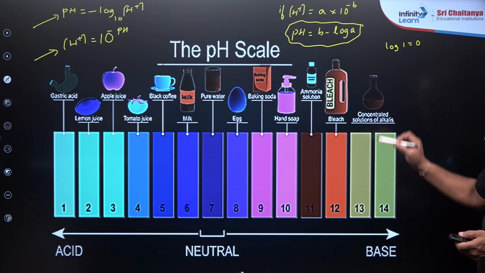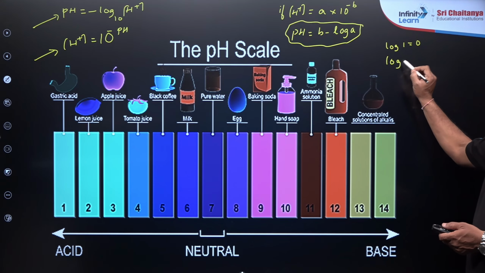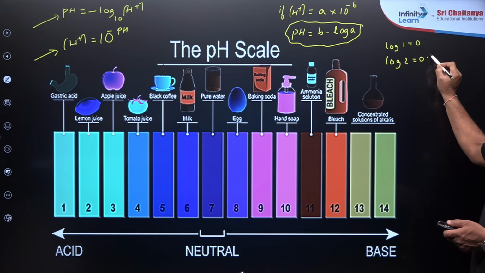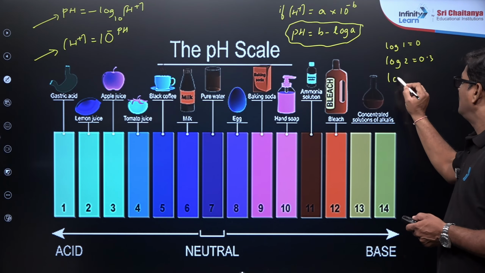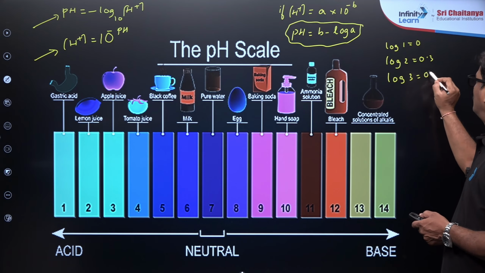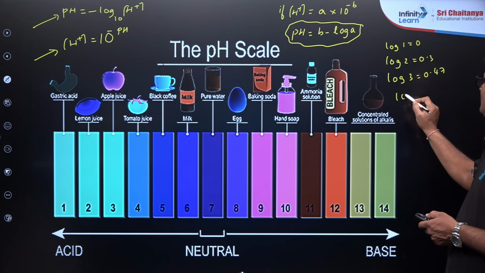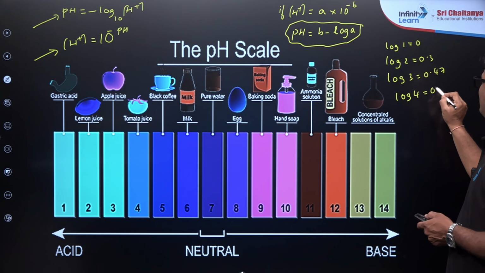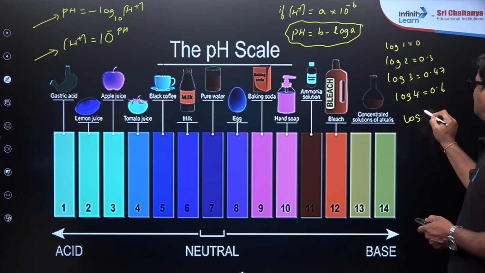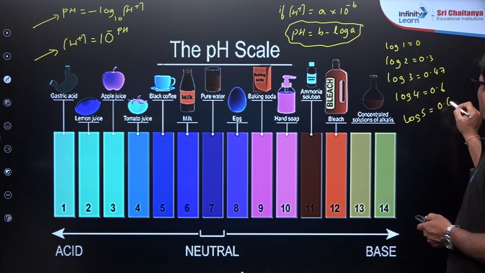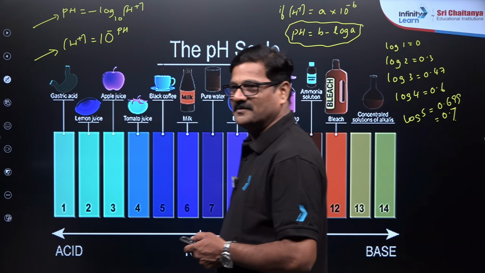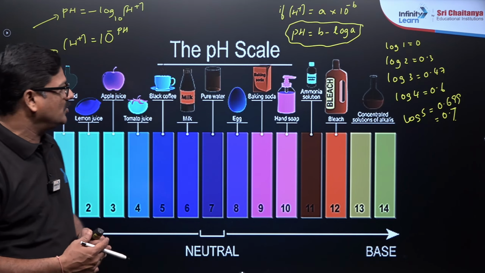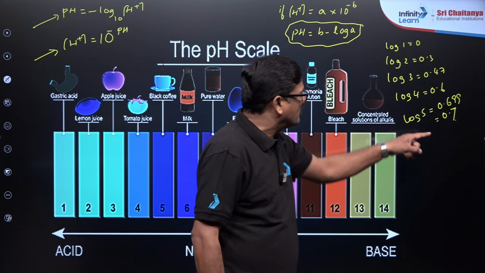Log 2 is 0.3010, make it 0.3. Log 3 is 0.47. Log 4 is equal to 0.6 and log 5 is equal to 0.699. I am so lazy, I will take 0.7. Okay? And any log value you can manipulate from these 4 values.